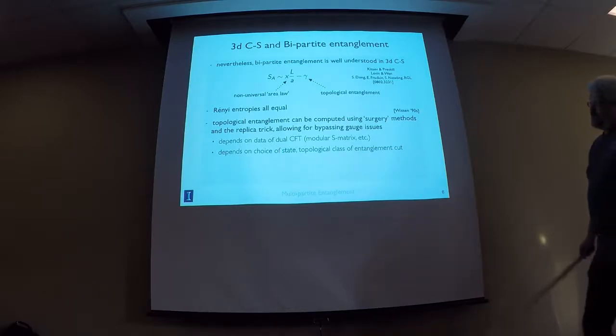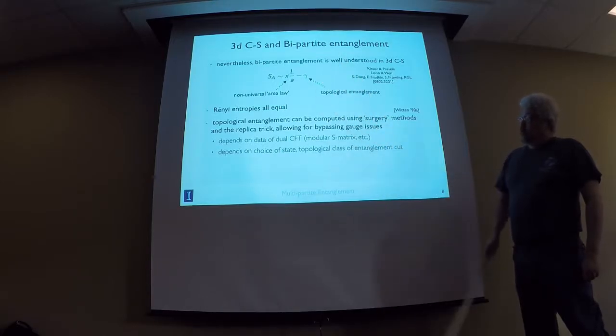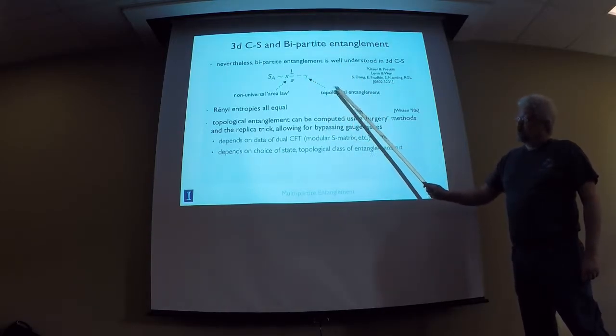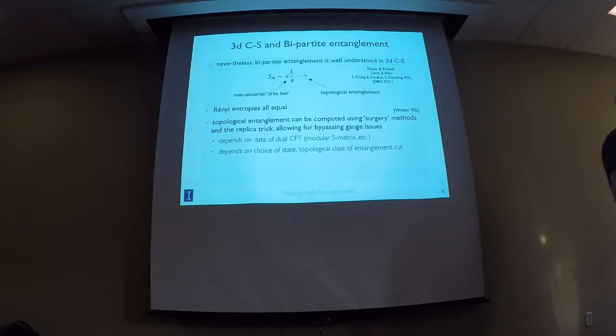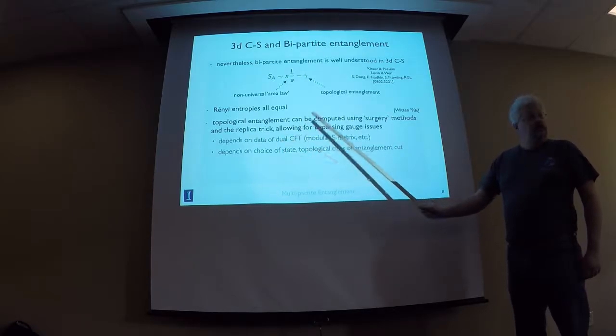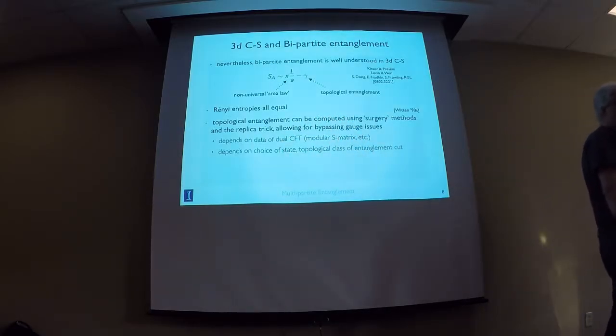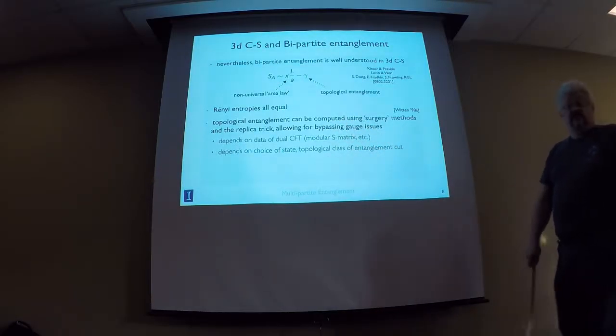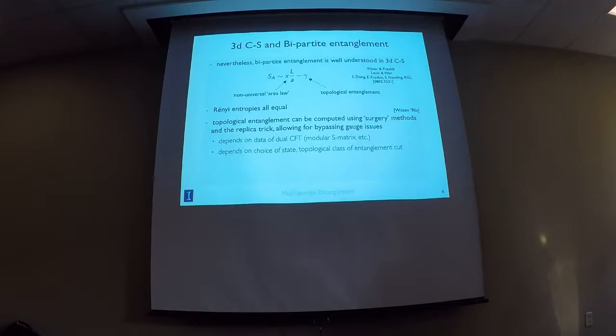But in fact, it's a rather complicated story, because this topological entanglement depends on many details. For example, it depends on some simple data of the CFT that's dual to the Chern-Simons theory, for example the modular S matrix. That's something that we'll see again later on.